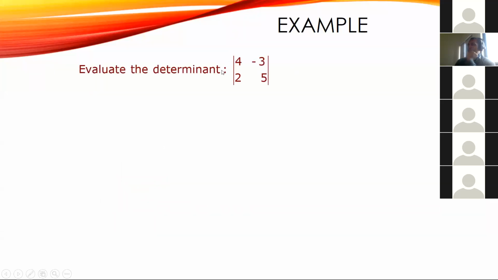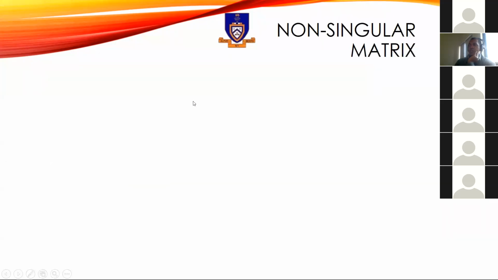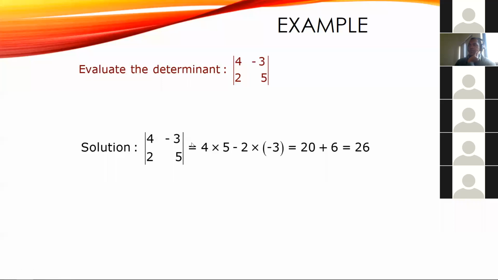So over here we have another example to find the determinant of a matrix, and you will see again we follow the same rule. We will be doing cross multiplication. The 4 will multiply the 5, the 2 will multiply the minus 3. So we have 4 times 5 over there. This is the first bracket, minus the 2 times the minus 3, which is there.